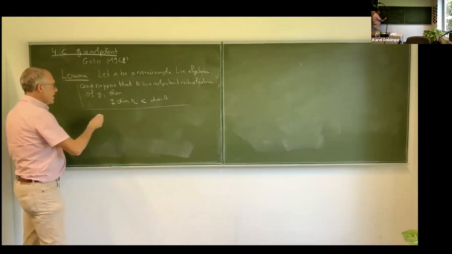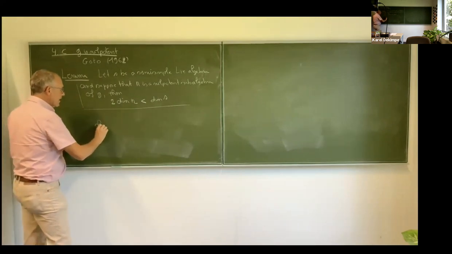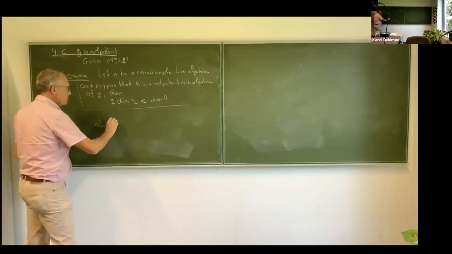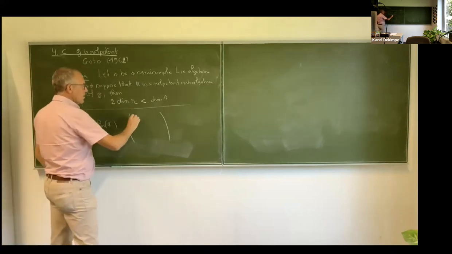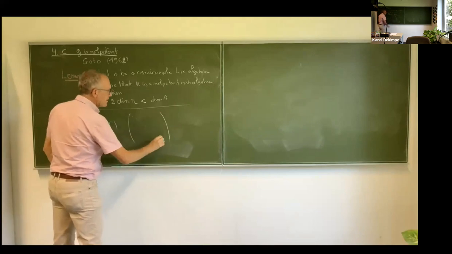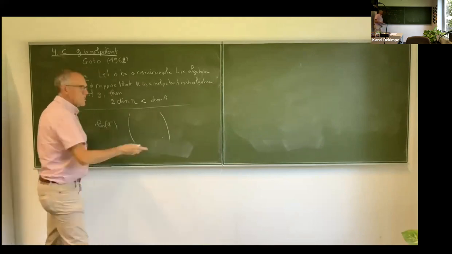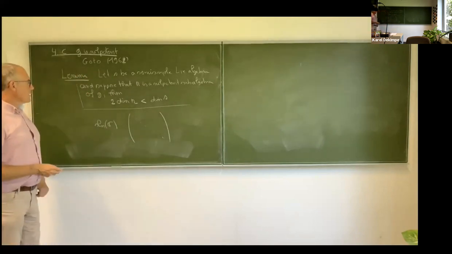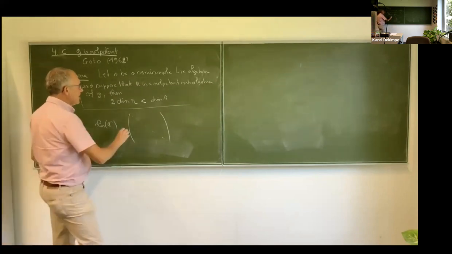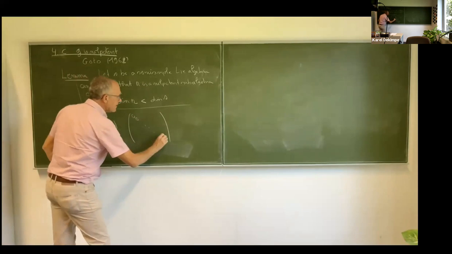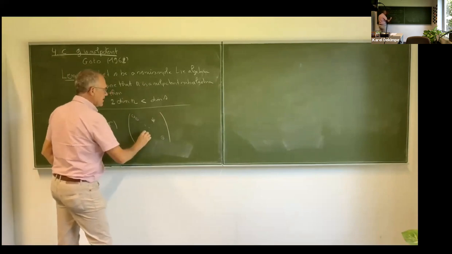And maybe it's good to have a very quick look at an example. For example, if you look at SL_n(C), so you have matrices of this form with trace equal to 0. Well, a standard nilpotent subalgebra is, for example, all upper triangular matrices with zeros in the diagonal.